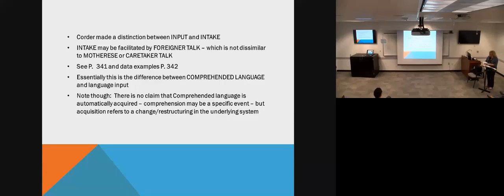So you're going to be on 341 and 342. So 341 is foreigner talk: slower rates, high frequency vocabulary, fewer idioms, simplified syntax and so on.